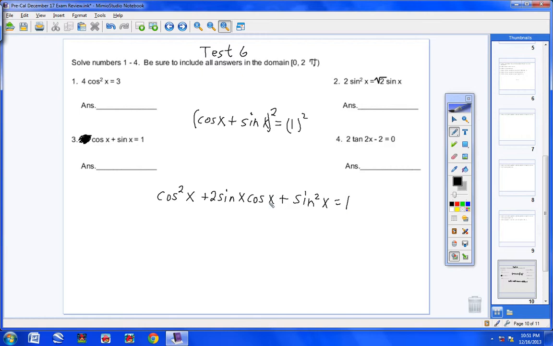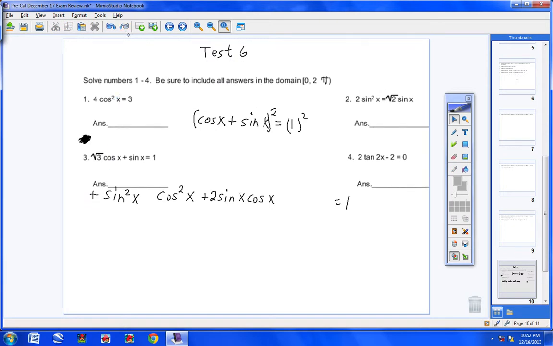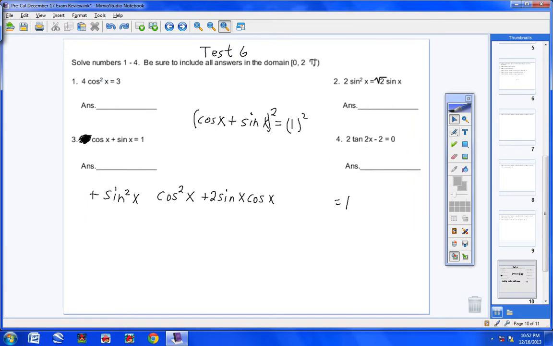We're doing fine. I do notice right away I have that good old sine squared plus cosine squared. So I'm thinking to myself, this looks pretty messy, but if somehow I could move this term right here, this sine squared x, excuse me, and move that to right here, and there should be a plus sign here.